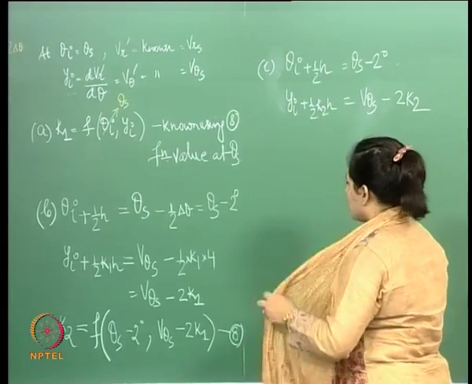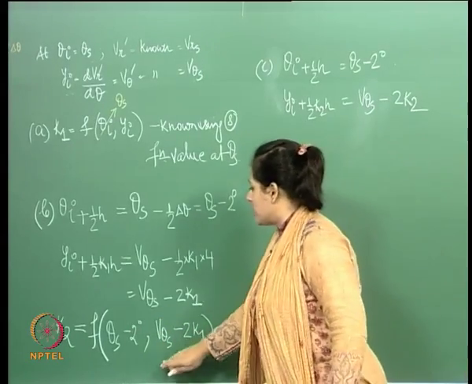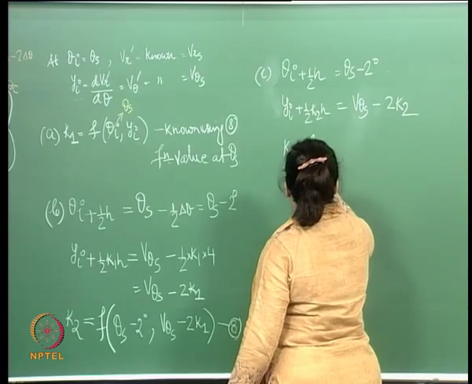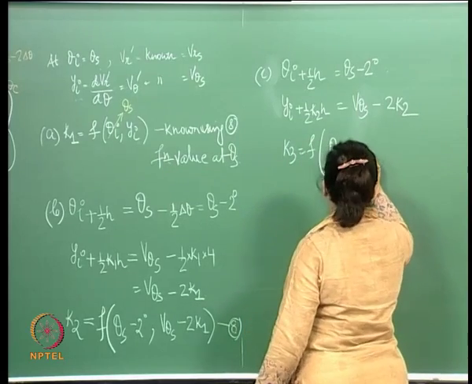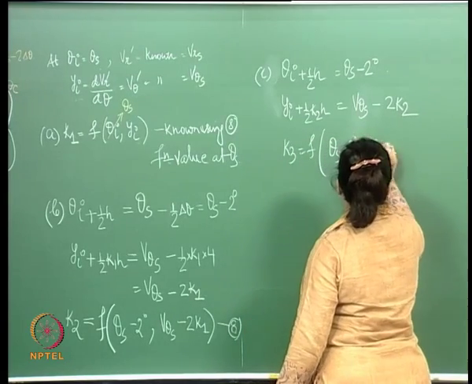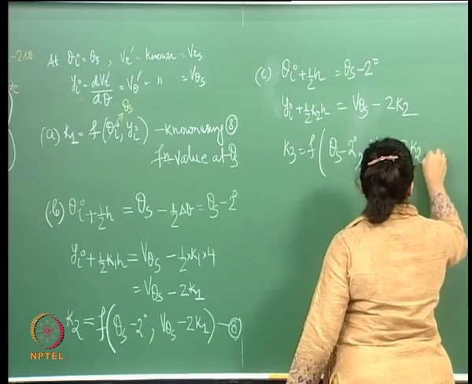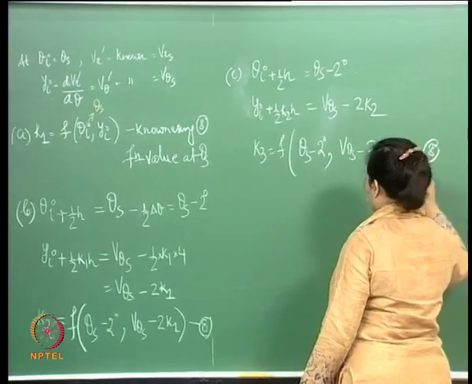Okay. Now, k2 is known from this calculation out here. So, therefore, what we need is that k3 is the function value at theta s minus 2 and, okay, again using equation 8.